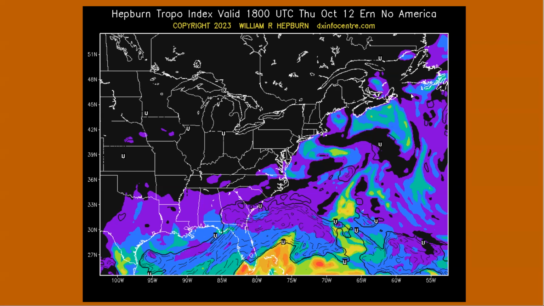There's one I took off of his site, I think it was the 12th of October. But they update it every few hours during the day, and you can see it change. And there's a color code, and I think the orange, red, and yellow are higher probability of propagation.